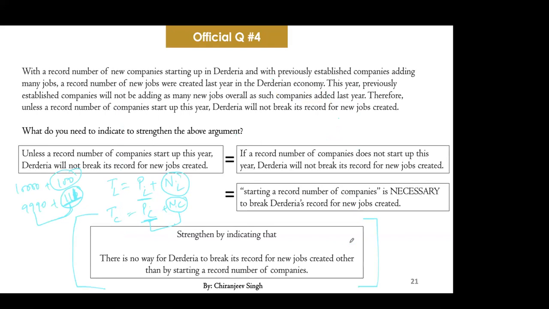If there were options, would you have looked for the option that says there is no way, or would you have gone ahead and also looked out for other possibilities? I'm just trying to understand the method that you recommend one follows in solving CR questions.